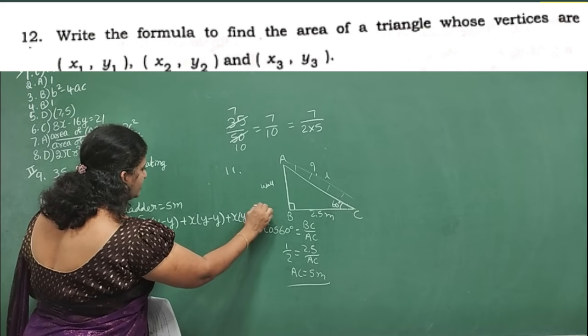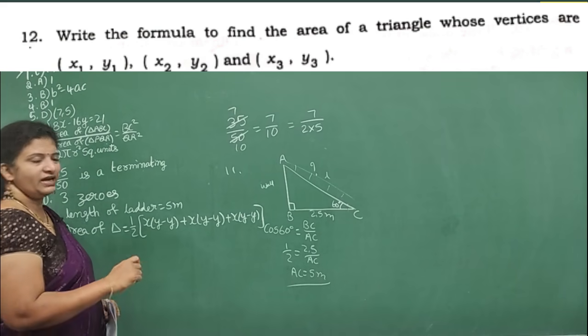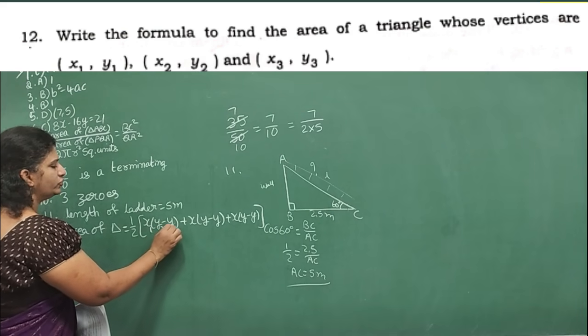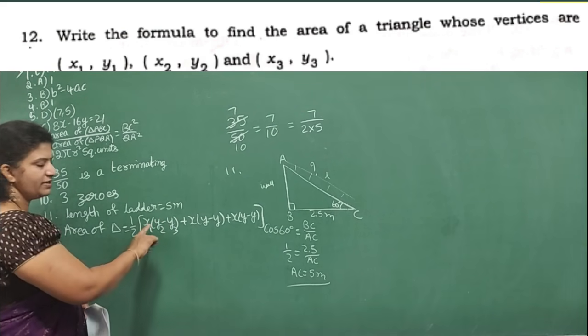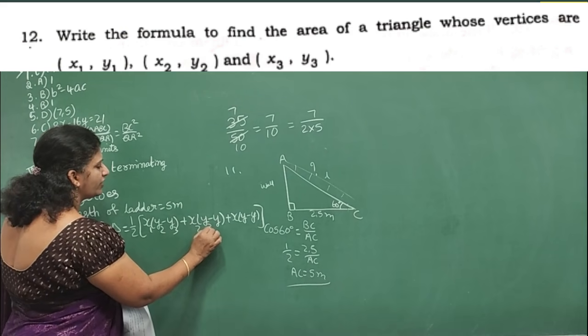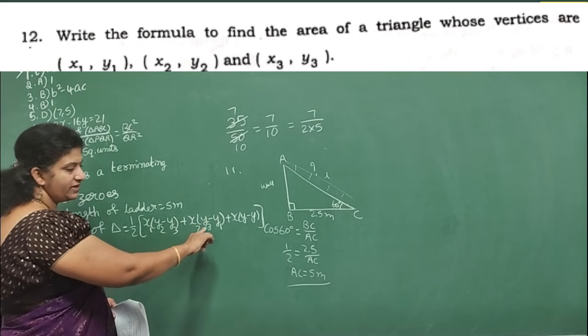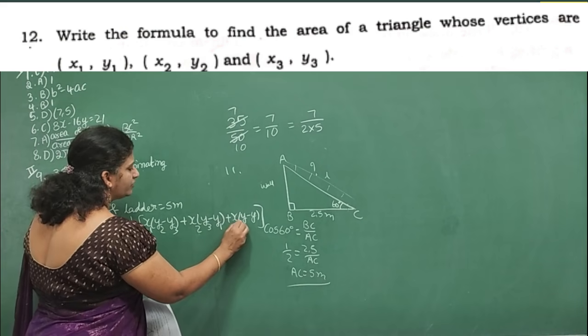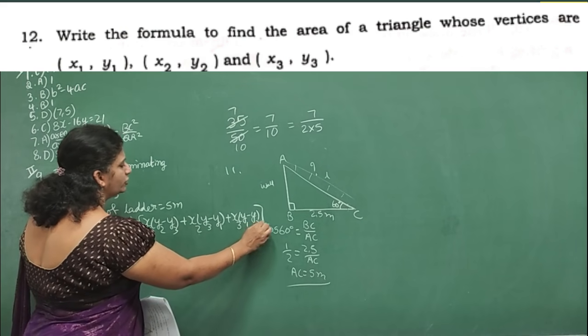You write down first, then start writing 1, 2, 3. Then remove the first number and throw it to the other side. That means 2, 3, 1. Then again remove this number and write it on that side. 3, 1, 2. That's it.